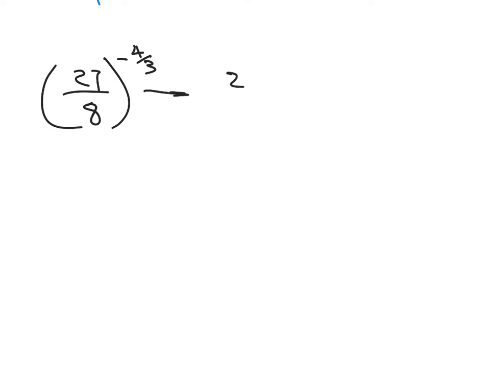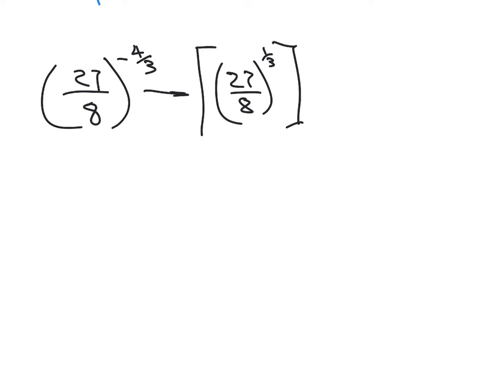So then they get progressively more challenging looking. Okay, so that negative 4/3 is on everything. So let's just go with 27 over 8. And again, we're going to make it 1/3 power. And then we're going to put the negative 4 outside.